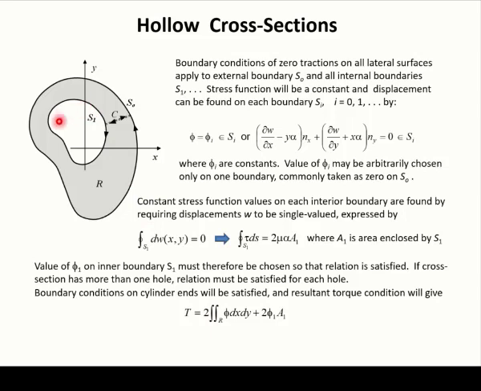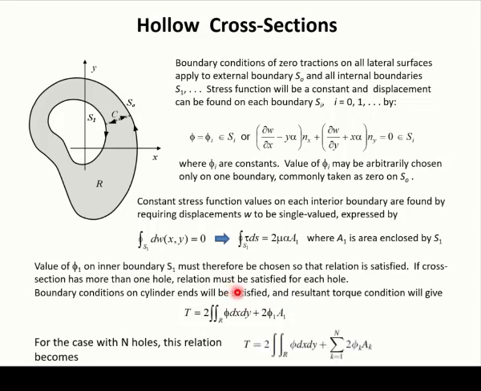If you don't have this hole, we were using the whole region. Now what we are doing is using the region between here for this equation, and we are adding the torque that is on this surface. And if you have more than one hole, then you can still use this equation.